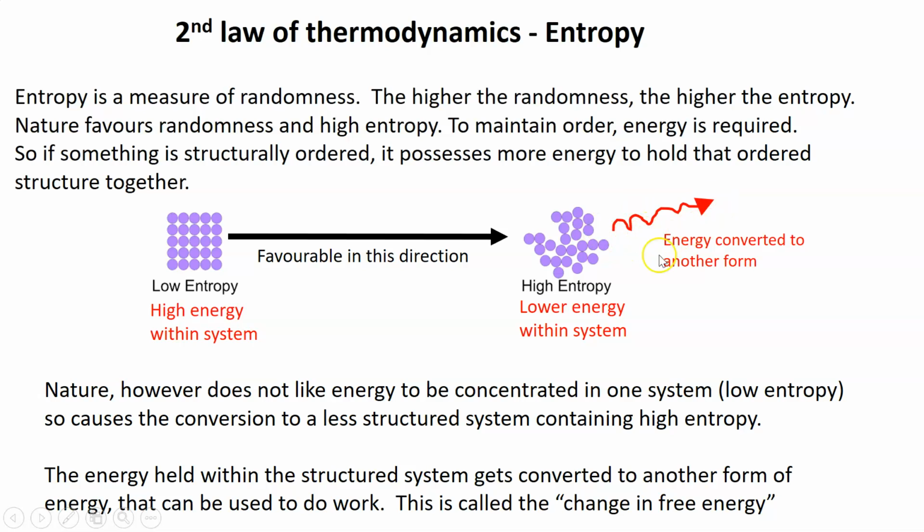But whatever that energy is, the change is said to be the change in free energy. So to go from here to there requires a change in free energy, or available energy, and that energy that gets converted to another form is the energy that's required to do work. In physics we have the term work. That's the energy that's required to do work.